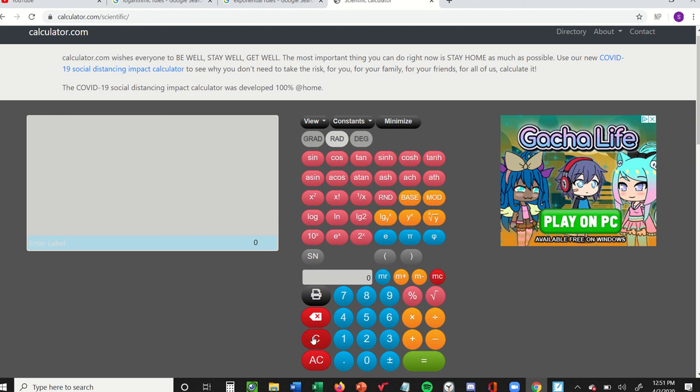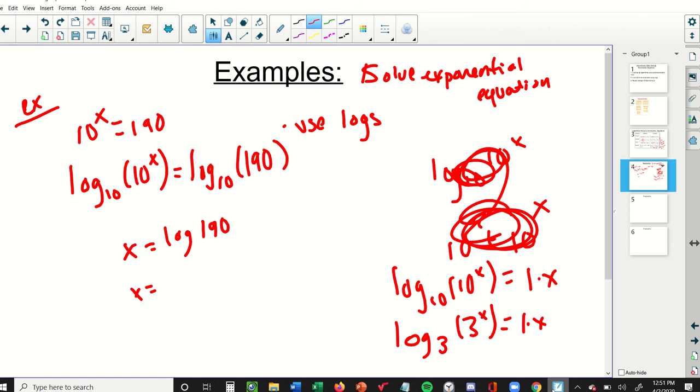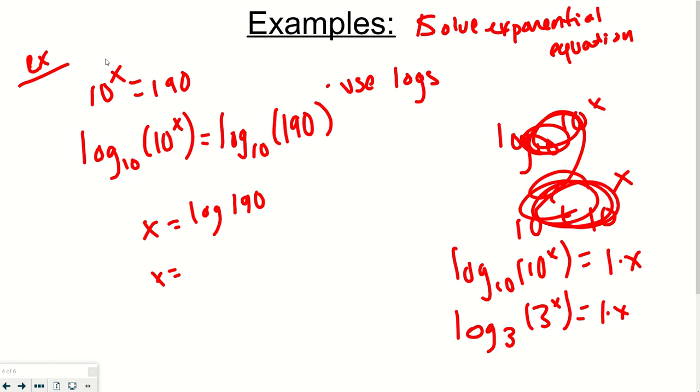Oh wait, hold on. I've got to put the number first. So you're going to put 190. You're going to take the log. This means log base 10. So this would be the solution for log base 10 of 190. Let me make this full screen again. If I round, it should be 2.27875. So again, if you have some exponential equation, if you set the base log 10 and it's the same as inside the power, you just get x out.